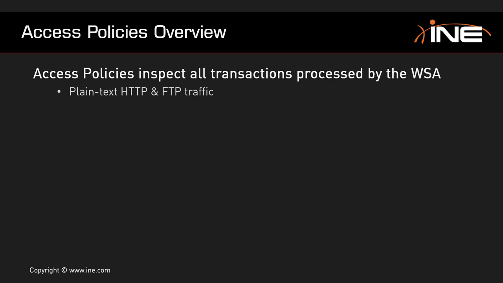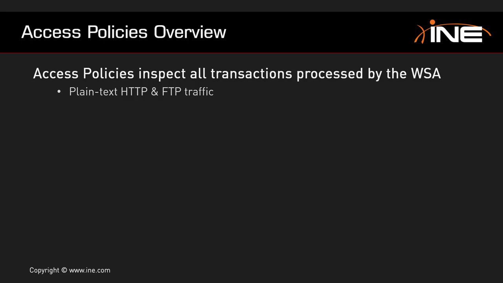Now, the communication that is going to be inspected by the access policies, because there is going to be more than one access policy that you can define on the WSA, is the communication going through the unit. This is going to be clear text HTTP and FTP traffic.